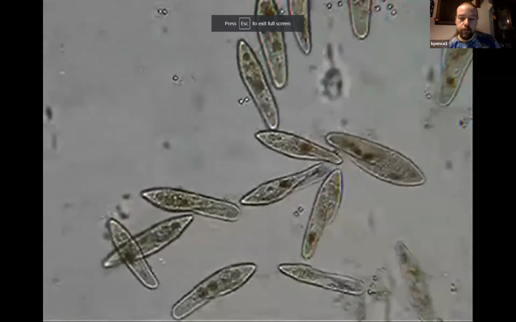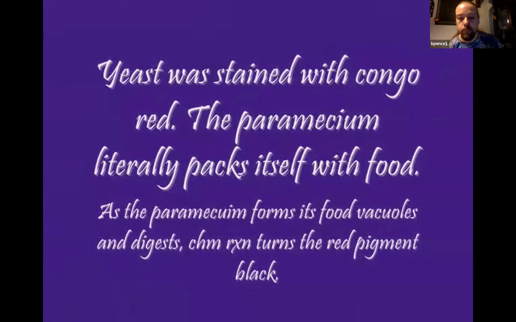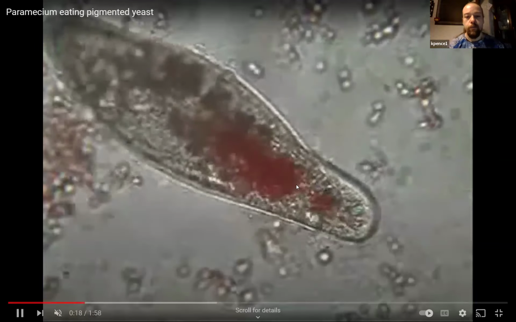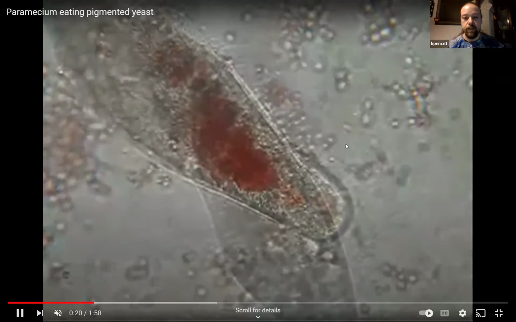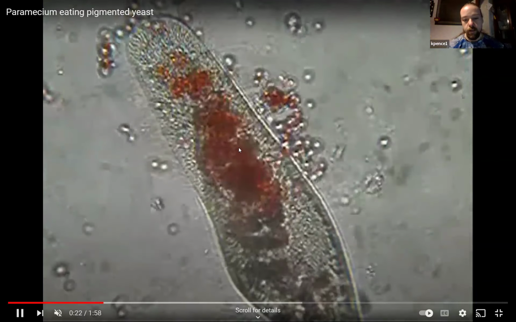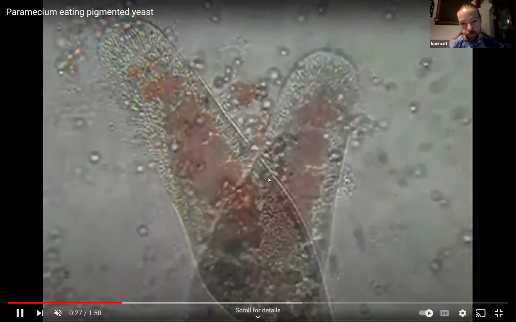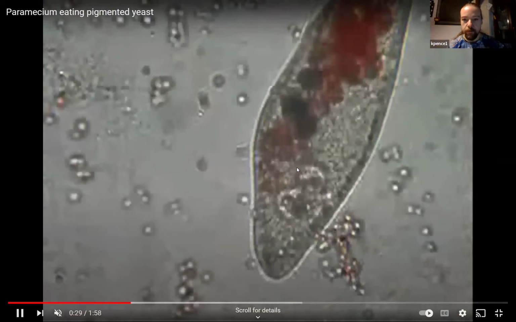So these guys are paramecium, and these paramecium are actually being fed yeast. So both the yeast and the paramecium are different types of cells. What I want to mainly focus on is that this is a eukaryote, and then you're going to see a large nucleus. Okay, wait a minute, it's moving.